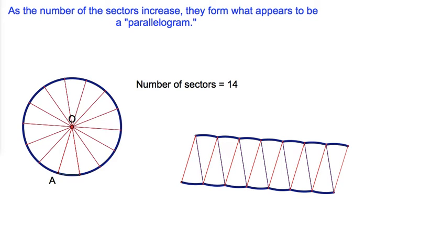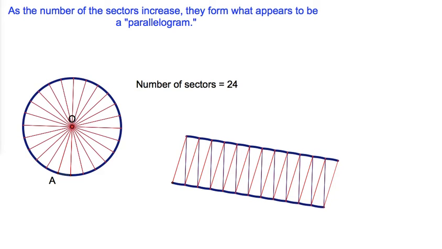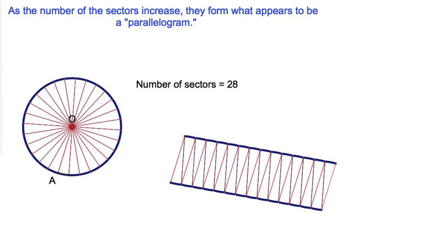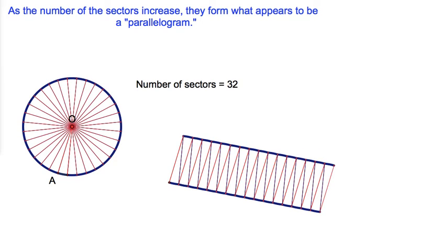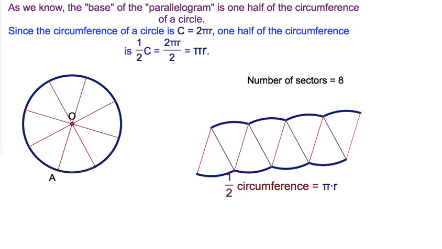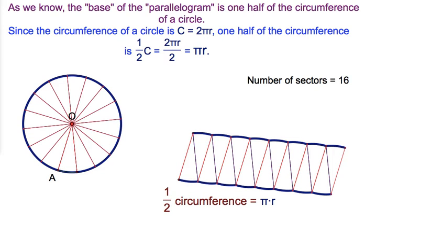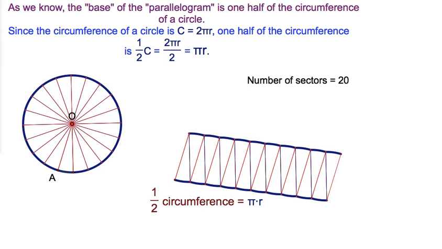As the number of the sectors increases, they form what appears to be a parallelogram. As we know, the base of a parallelogram is 1/2 of the circumference of a circle.